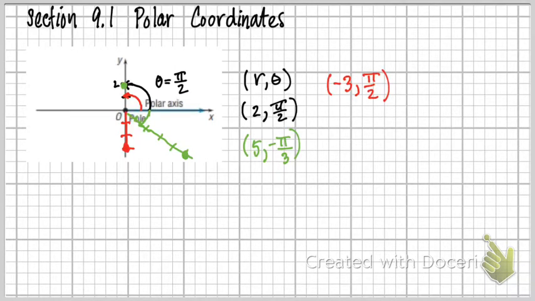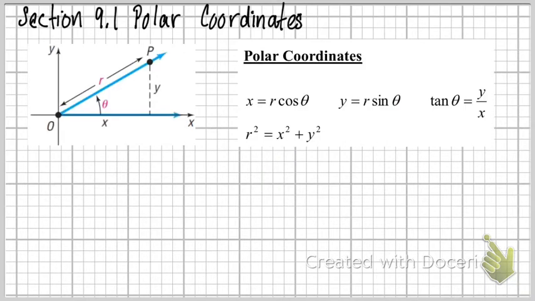Now let's talk about polar coordinates in terms of converting. Take a look at this here. I'm just going to show you where these come from. If you look to the right here, these are the polar coordinates, and this is how we convert those polar coordinates into x's and y's.